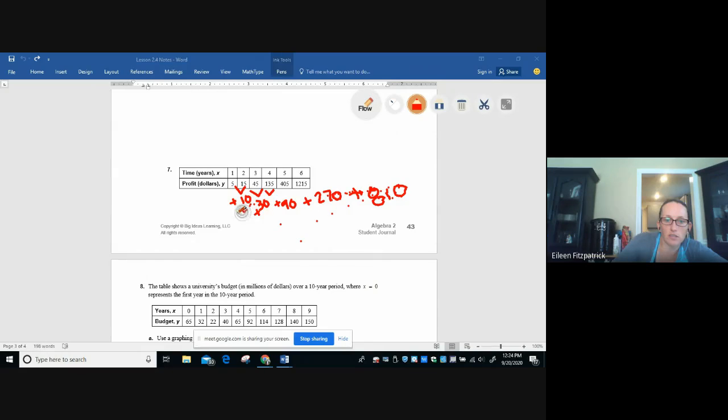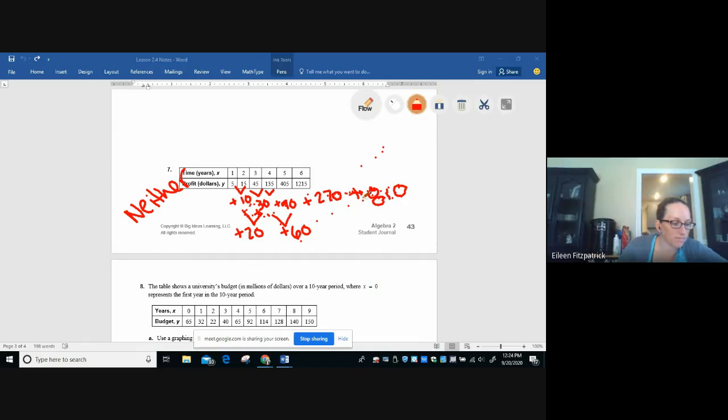Then you find the differences of those. Oh my goodness. We're increasing by 20, and then we're increasing by 60. I can stop there. The first difference was not constant, so it's not linear. The second difference is not constant, so it's not quadratic, so this is also neither.